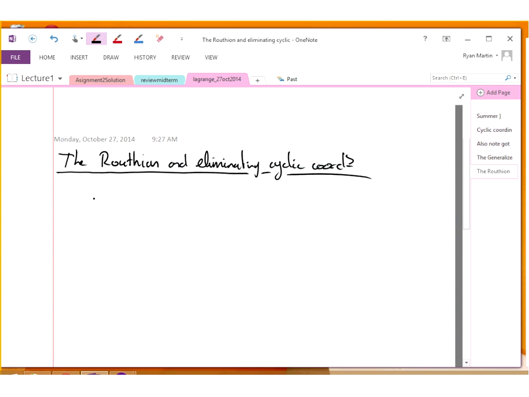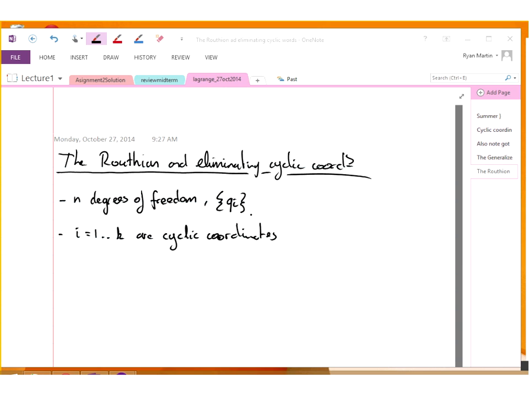So let's say that we have n degrees of freedom and we've labeled our coordinates such that the first k coordinates are cyclic. Okay?